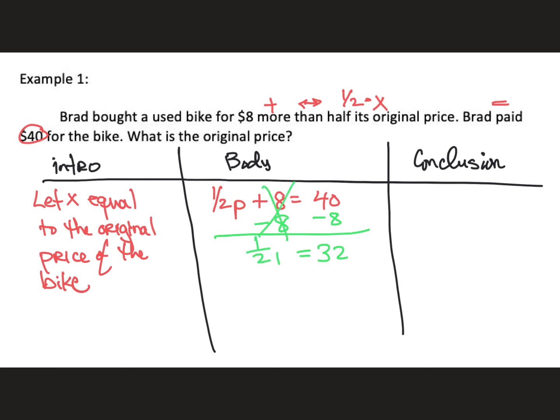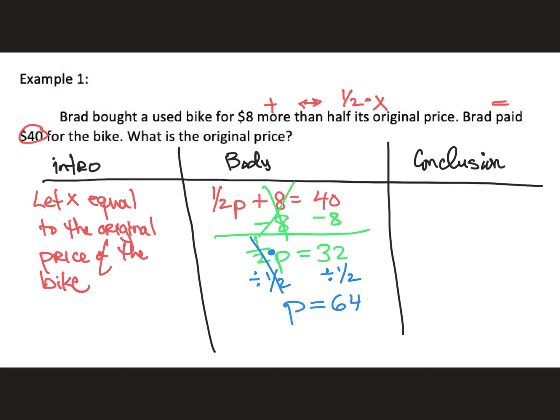We have 1/2 P. The 1/2 and the P are multiplying each other, so how do we get rid of it? We're going to divide by 1/2 on both sides. 32 divided by 1/2 is 64. 1/2 divided by 1/2 is 1 and leaves P by himself.